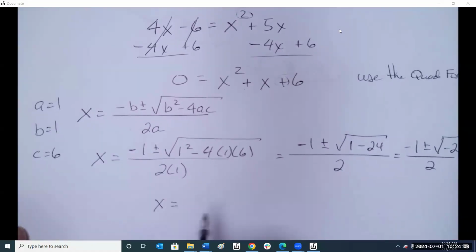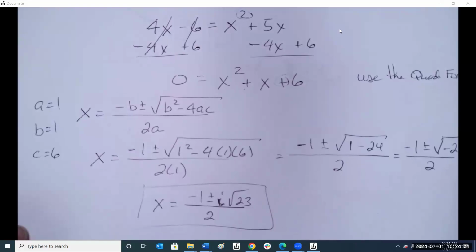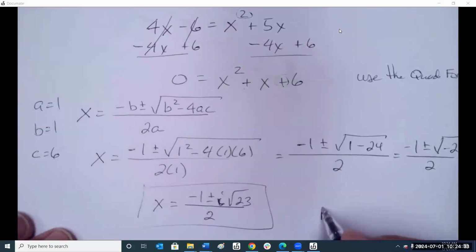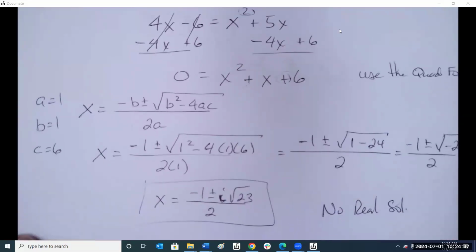So x is negative 1 plus or minus i square root of 23 over 2. No real solutions.